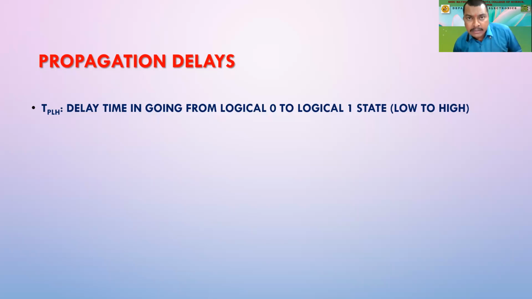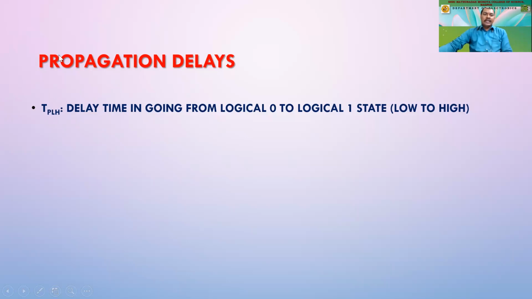That is the time required for a gate to give an output. Okay, so these terms are considered with some more issues. We call it TPLH. So remember the nomenclature over here.